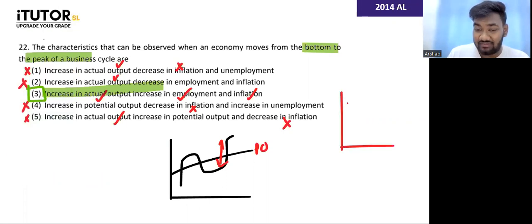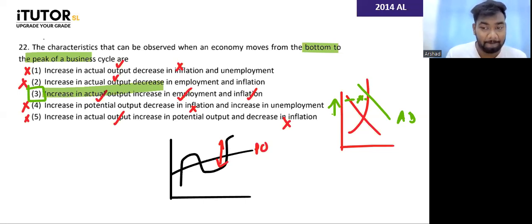Remember, you have the aggregate demand curve and the aggregate supply curve, and when the aggregate demand increases, when AD shifts, the prices in the economy start to rise. That's why the prices go up. Is that okay, guys? Fine. Question 22, answer number 3. Okay. Moving to the next.